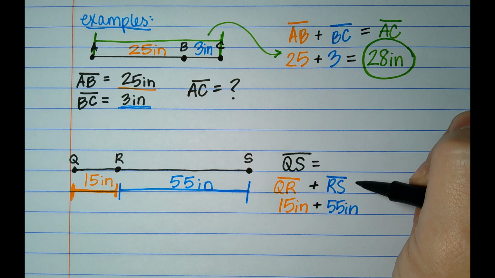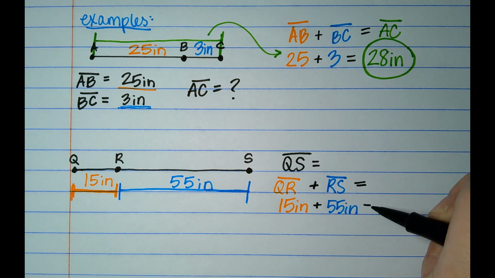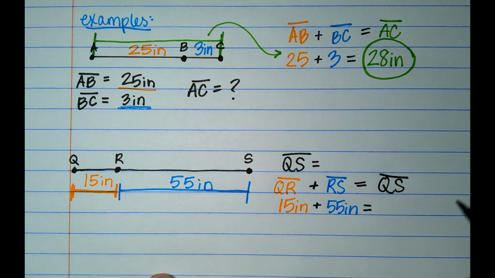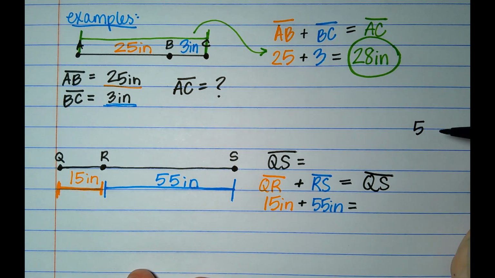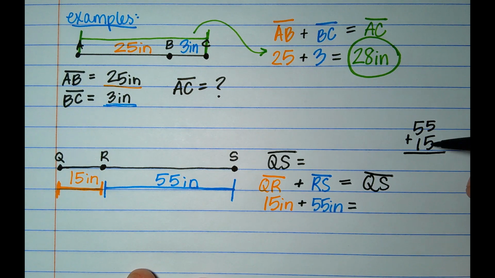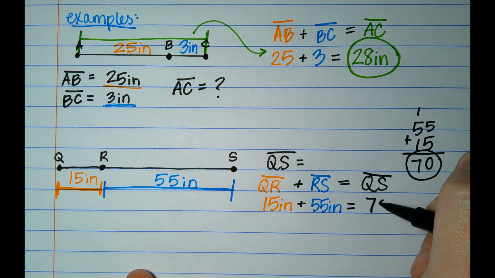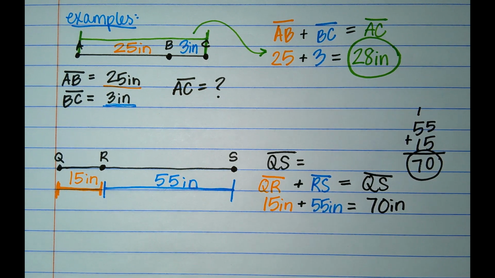And so that should give us QS. Is that right? Let's see. 55 plus 15. It's 10, 5 and carry 5 is 10. Yep, carry the 1, 70. Beautiful. Okay, so 70 inches is our length overall.